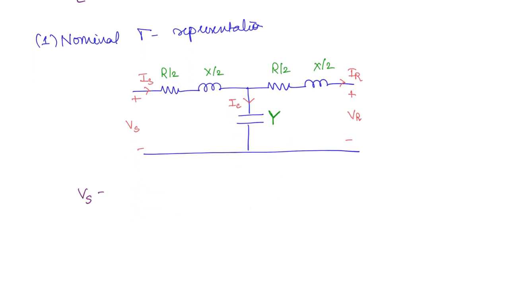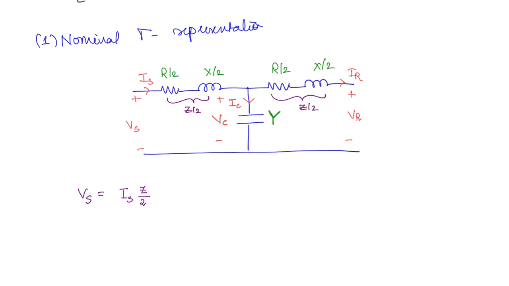If you apply KVL in the first loop, what will you get? Vs is equal to the drop across this plus the drop across this. So this drop also we will represent, this is Vc we will take. Okay, so Vs is equal to Is into Z by 2 we can take, right? This entire thing is Z by 2, half of the impedance.